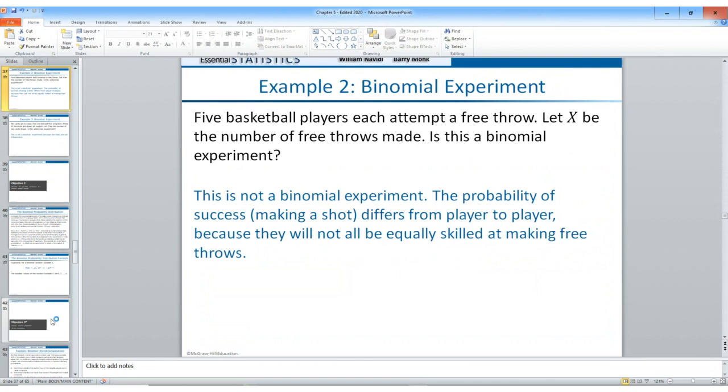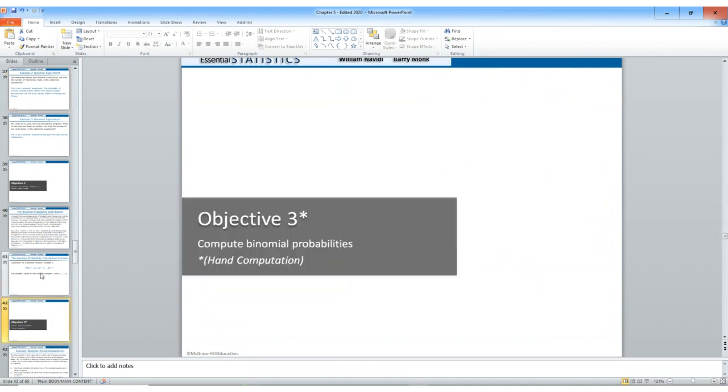Now, they say 5 basketball players each attempt a free throw. Let X be the number of free throws made. And then they're asking, is this a binomial experiment? Well, it's not, because if you've got 5 different players, their probability of success is going to change because it's very varied. But if you took the same player, if we wanted to fix this, and had them throw 5 free throws, then that would essentially fix the issue.